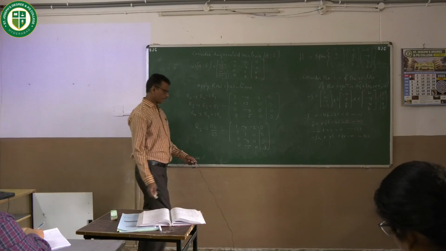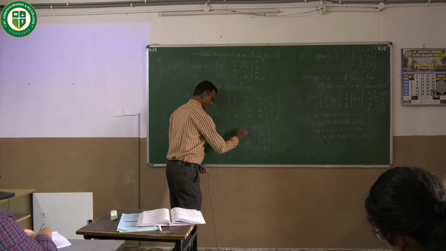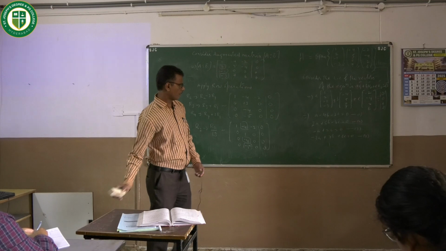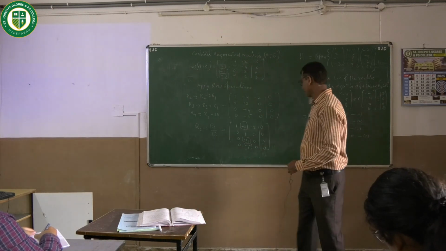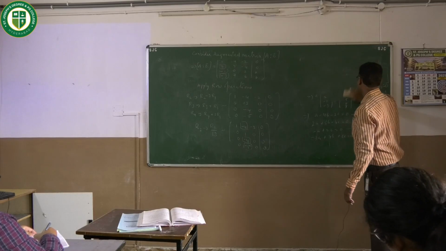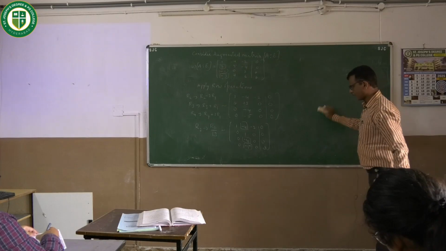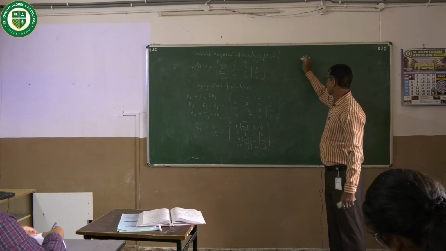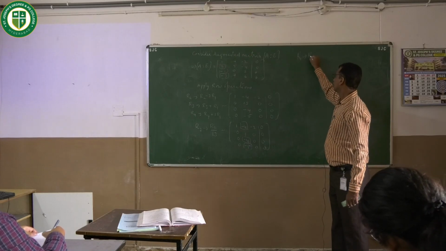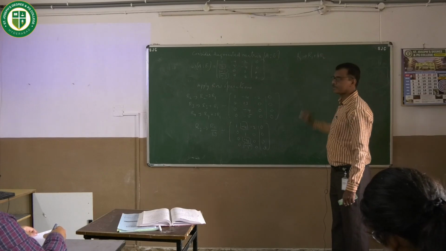Right. So after that, these become zeros. You want those zeros, so how do you get that? Again, row operations. R1 first, minus 4 is there, then plus 4 means 4 into R2, right? Clear?